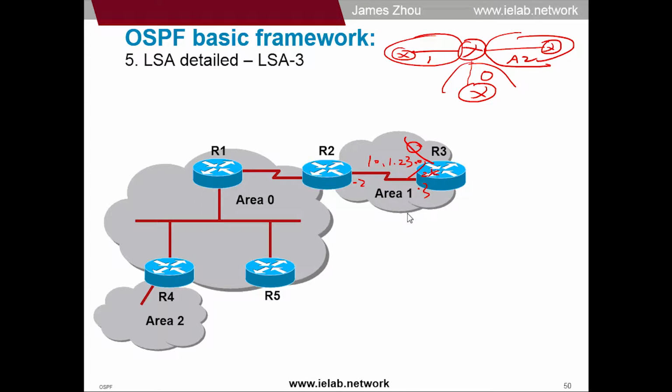Here is the link. Okay, R4 adds a new loopback 1, belonging to area 2, 44. Okay. Now configure it.